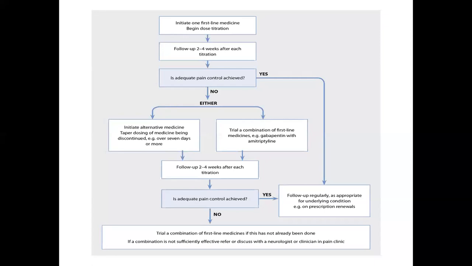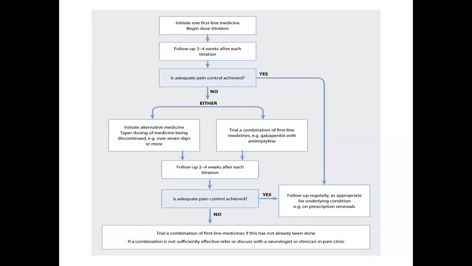If there's adequate pain control, then follow up regularly and deal with the underlying condition. Continue with the prescription renewals if there are no severe side effects. Now, if there's no adequate pain control, initiate an alternative medicine or taper dosing of the medicine being discontinued over 7 days or more.